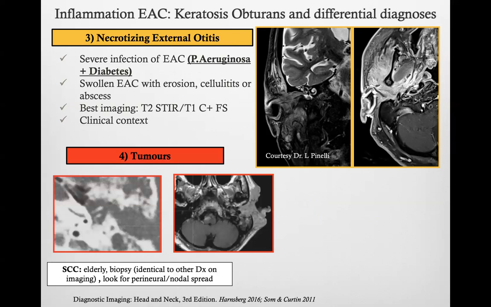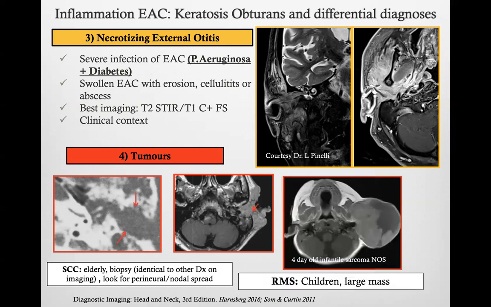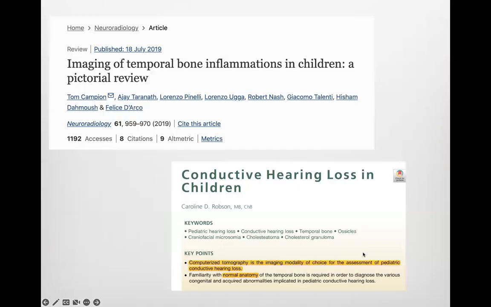This is a squamous cell carcinoma, typical of old people, but don't forget, in children, you can have aggressive sarcomas, and this is a 4-day-old with infantile sarcoma, older children can have rhabdomyosarcoma. So it's very, very important that you consider different tumors in these cases. But when you see something aggressive, pseudonecrotic here, don't call it necrotizing external otitis, because there is a mass. This is a mass, okay?